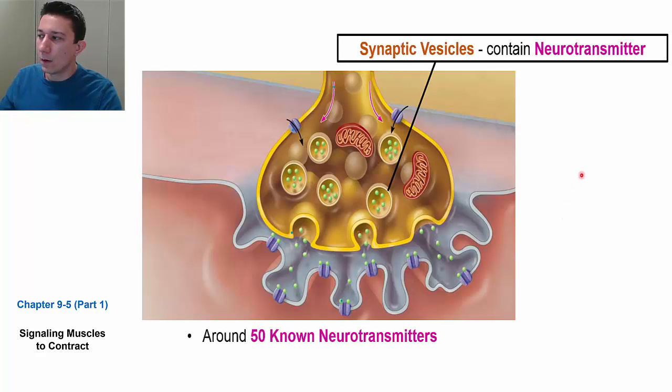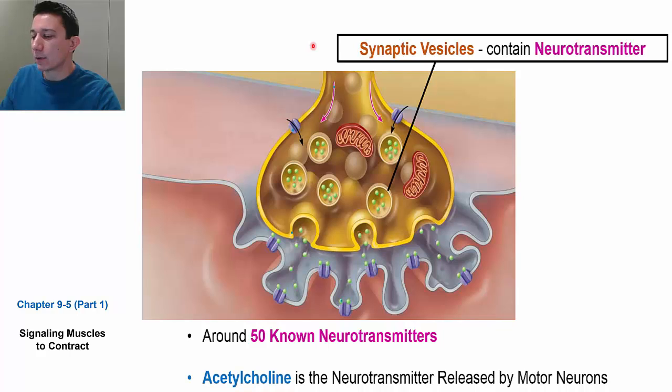Okay. So looking more specifically at the neurotransmitter here, there are somewhere around 50 known neurotransmitters. There's a good variety of transmitters. Some of them are chemicals, some of them are gases, some of them are amino acids and things like that. There's only one neurotransmitter, though, that actually signals skeletal muscle cells to contract.